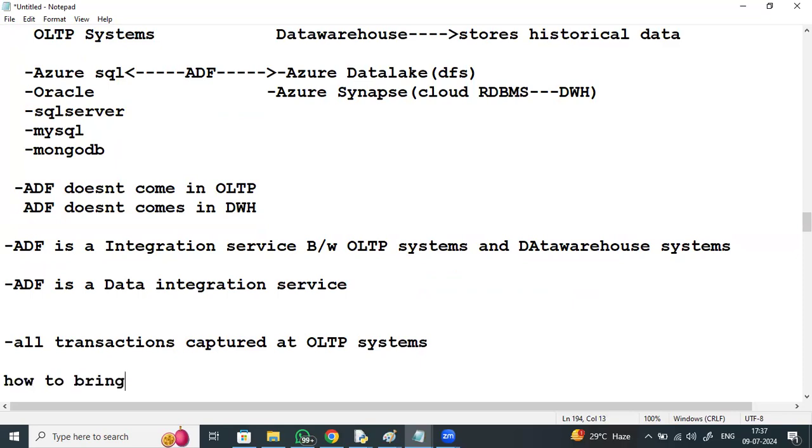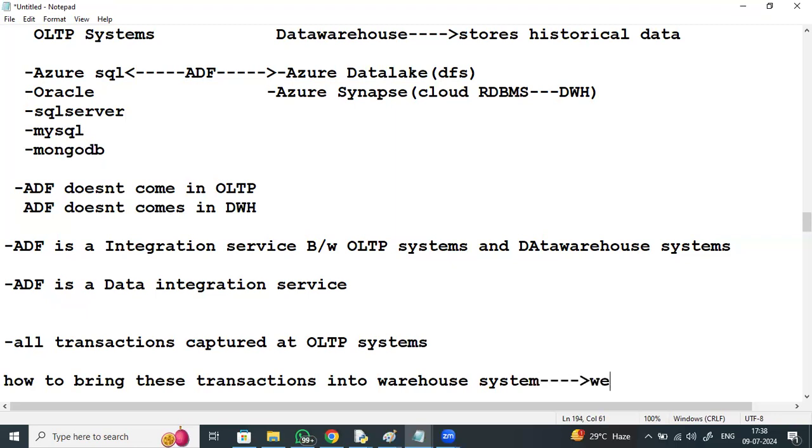How to bring these transactions into the warehouse system?